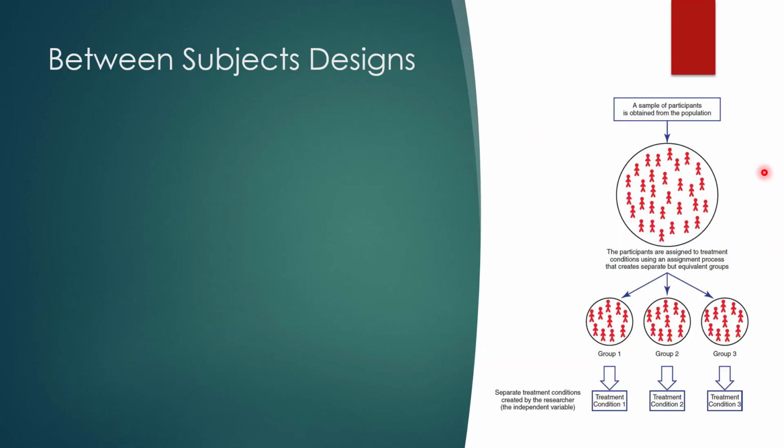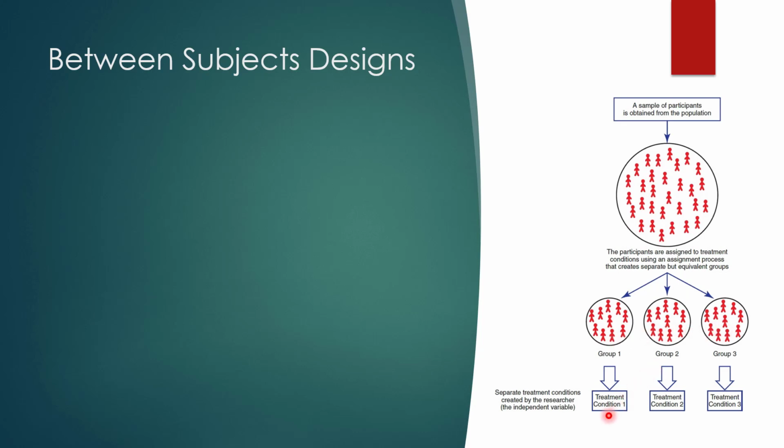And here's just a diagram from the text. Again, you have your sample participants from the population. So say this is our population and we've selected those participants. We've discussed how we do that to get a representative sample. And then those participants are going to be assigned to different treatment conditions. Now, because we are taking the sample and assigning them to one of 3 independent groups, this is a between subjects design.